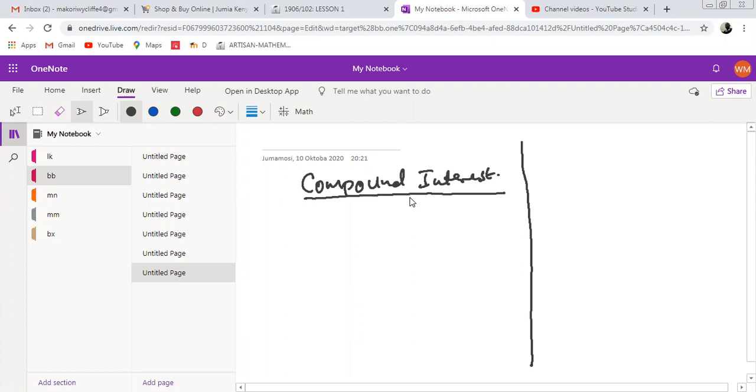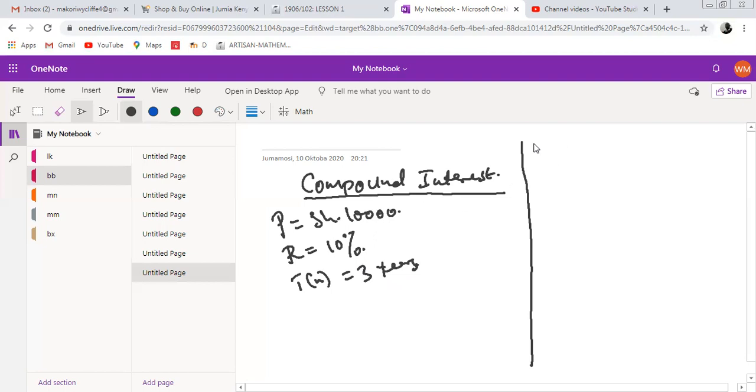So what I mean is this. If, for example, the principal amount is 10,000 shillings, then the rate of interest is 10%, and the time, which is our n, is 3 years. You are told to calculate the compound interest for each and every year.